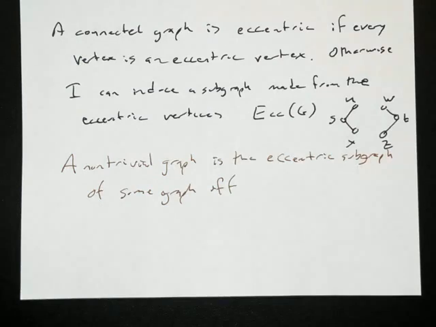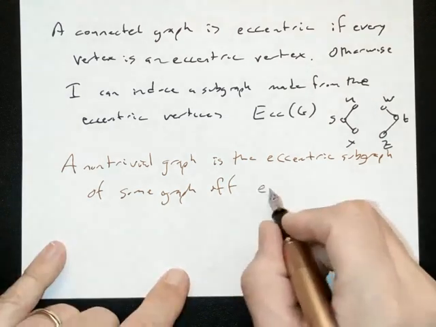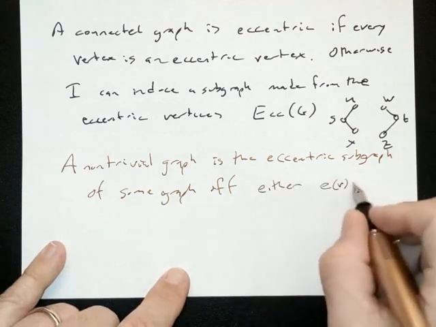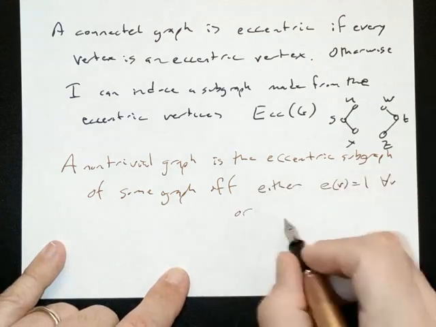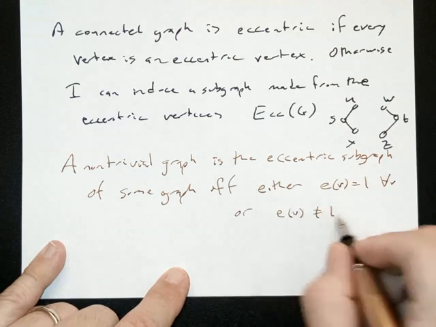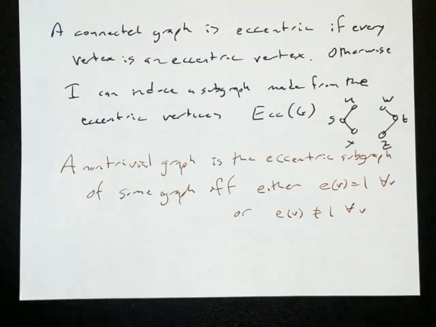Either every eccentricity of the vertex had to be 1, or none of them was 1. Well, it turns out that it's the exact same thing for the eccentric subgraph. And lo and behold, none of those eccentricities are 1. Or they all are.